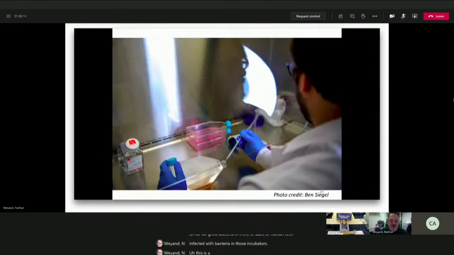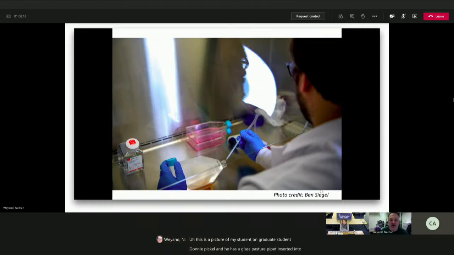This is a picture of my graduate student Donnie Pickle, and he has a glass Pasteur pipette inserted into a plastic flask. He's removing liquid media from the flask with a vacuum. In the back of the hood, you see two flasks with liquid, and the human cells he's growing are adhered on the surface of those flasks, and the media on top is feeding those cells.